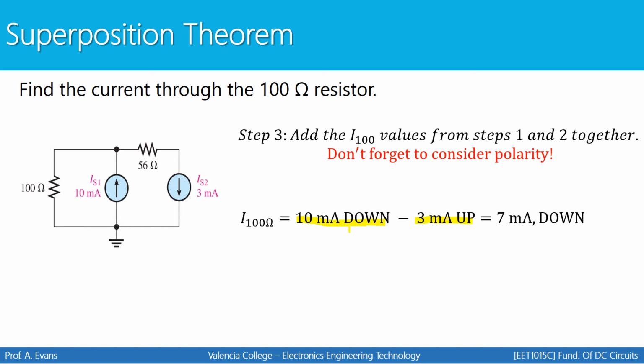Start with whatever one is bigger. The 10 milliamps is bigger. So start with whatever is bigger, subtract the quantity from the opposite direction, and then write your final answer. 10 milliamps down minus 3 milliamps up will leave you with 7 milliamps going down. It's really important that you know that direction when you finish the problem.